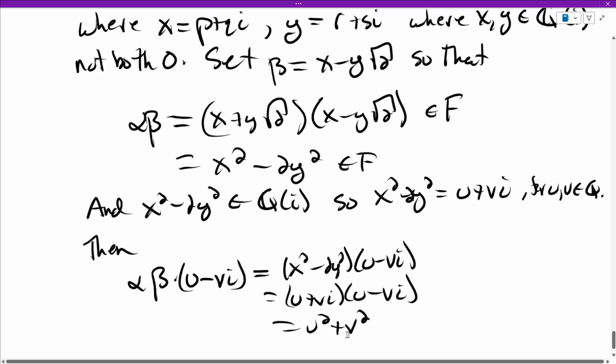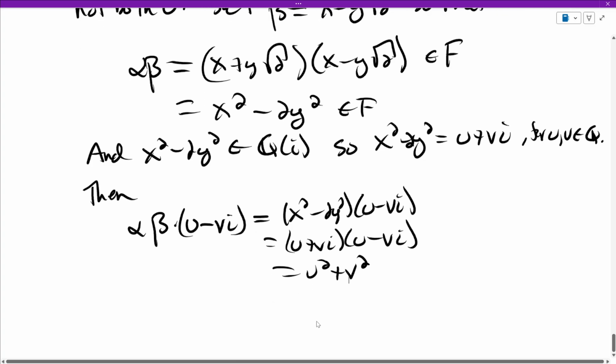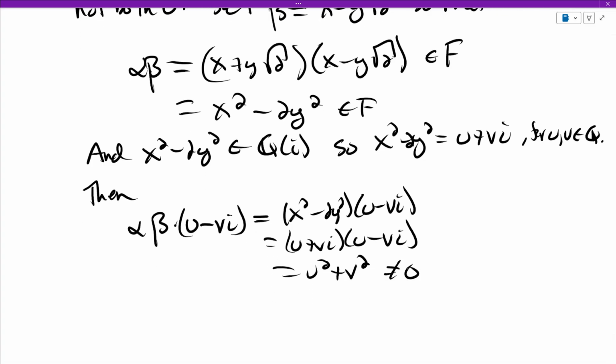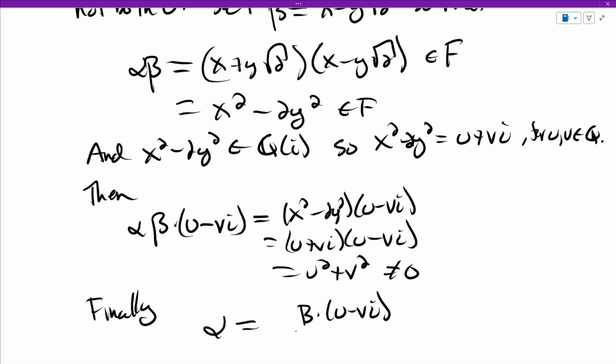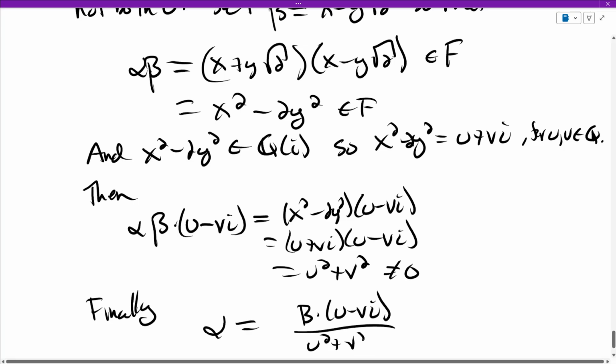And so u squared plus v squared is non-zero. Finally, alpha is beta times u minus vi, those are in F, divided by u squared plus v squared, and that's all in F.